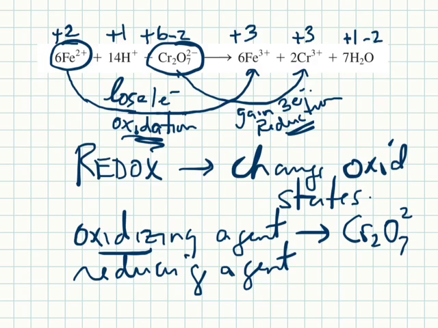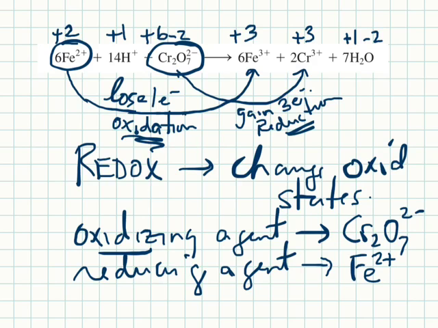The substance which gets reduced is the oxidizing agent. Similarly, the Fe2+, which is being oxidized, is causing dichromate to become reduced. So the Fe2+ is the reducing agent. Misspeaking here because it's late in the evening.